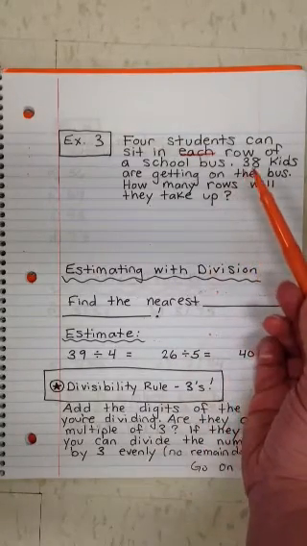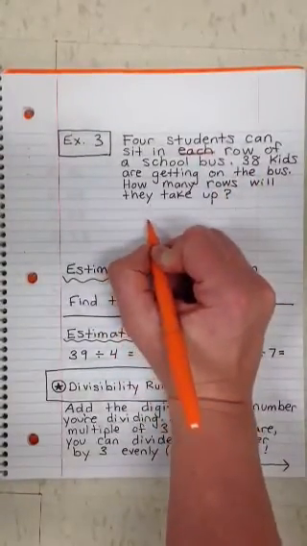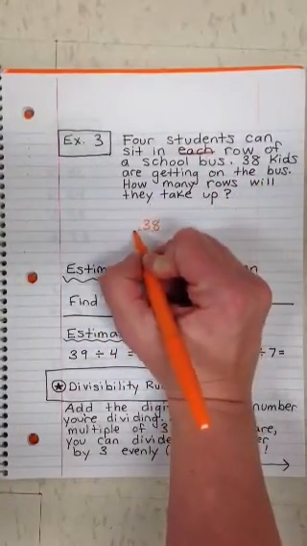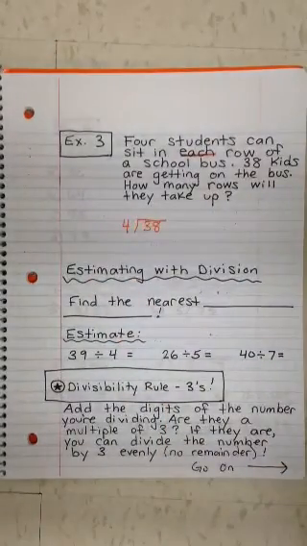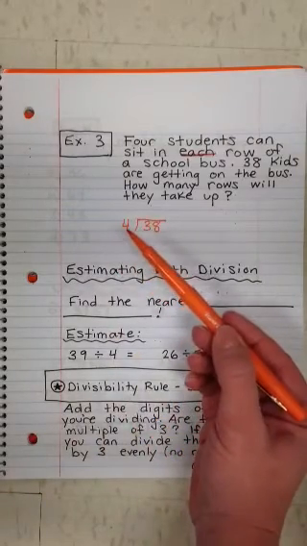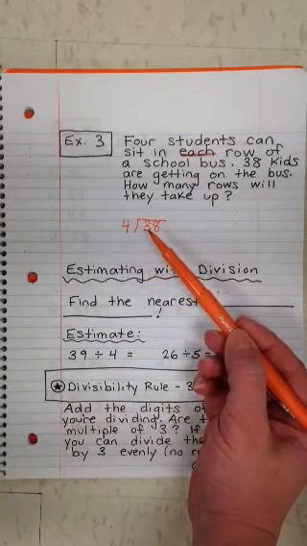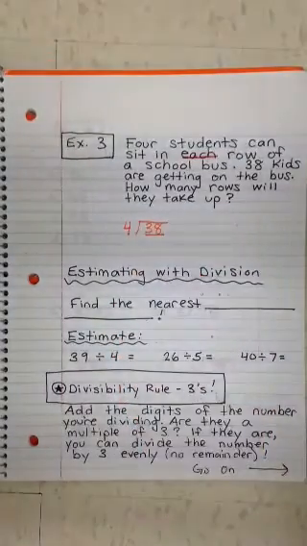Now in this problem, 38 divided by 4, let's write it down. Let's imagine our divide, multiply, subtract, bring down. Now 4 can't go into 3, so I have to look at the whole number 38 together.